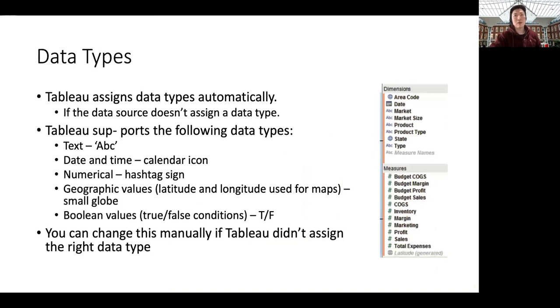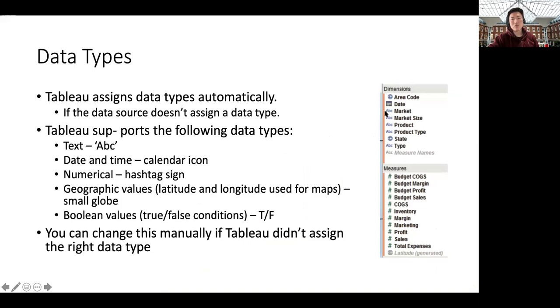Okay, and when you load a data set, Tableau will try to automatically assign what is a dimension and what is a measure, and try to automatically recognize the type. So for example here, it might be slightly difficult to see, but on the side you can see market, and before market it says ABC.